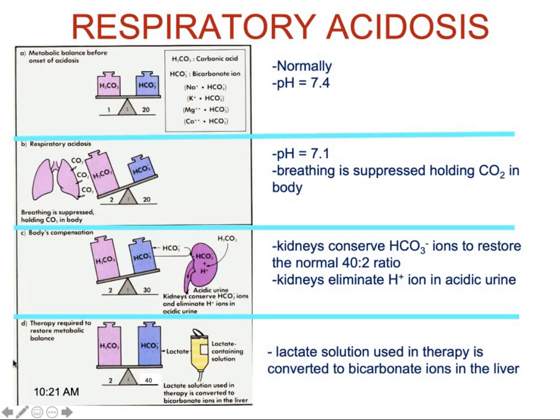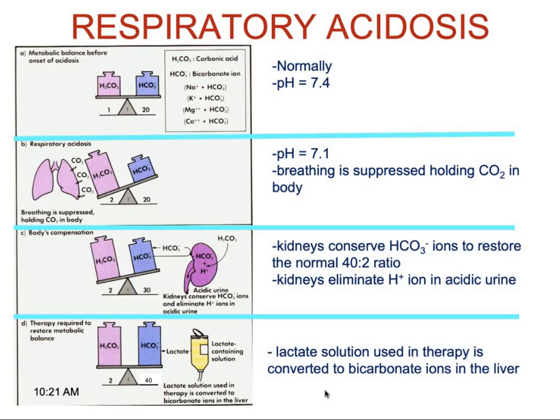In addition to that, if there is an uncompensated response, what is the management or therapy required to restore the metabolic balance? Lactate solution is used in therapy because the bicarbonate ions are converted in the liver by this mechanism. So we basically provide lactate solution.